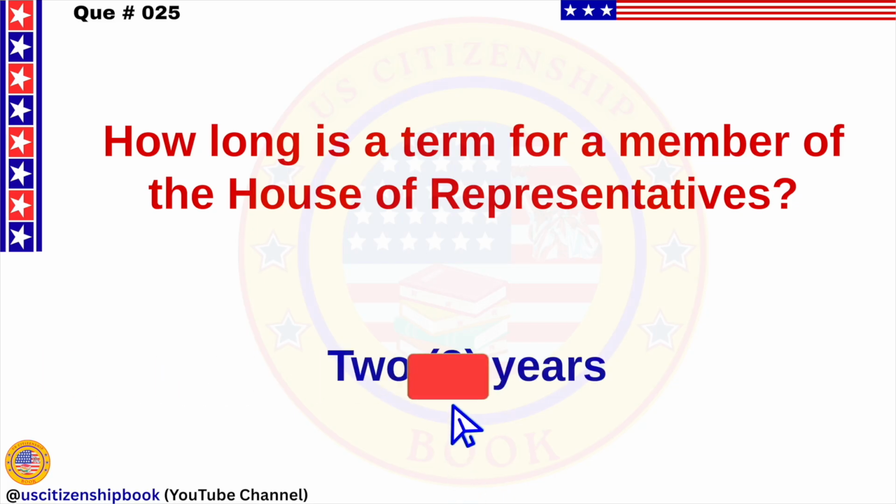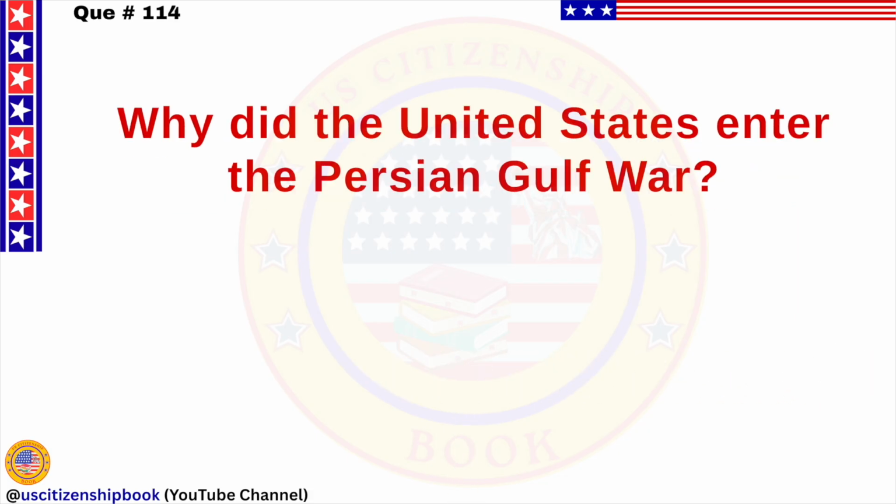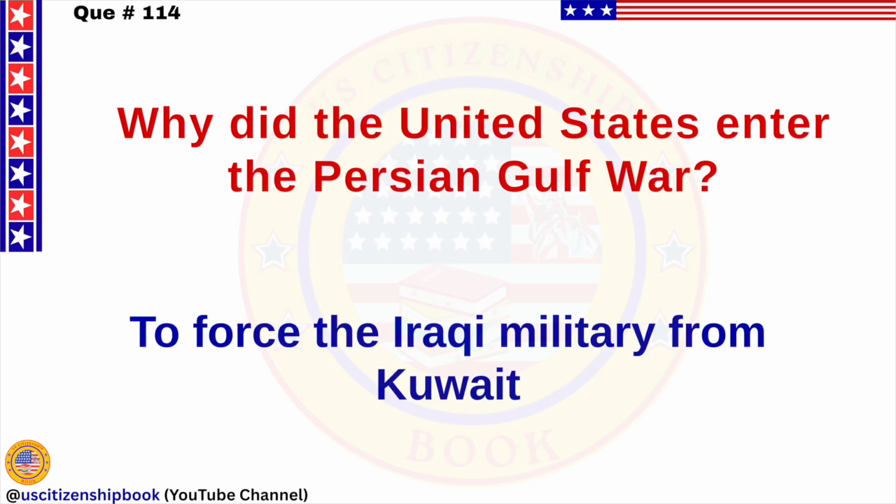Two years. Why did the United States enter the Persian Gulf War? To force the Iraqi military from Kuwait.